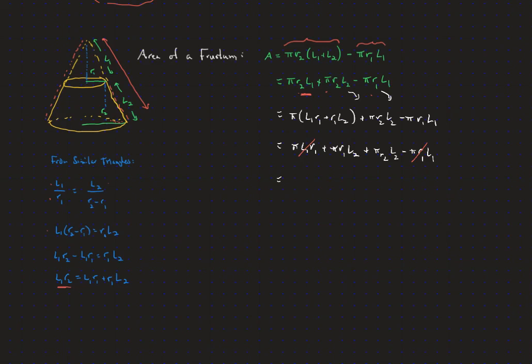What's left has a common factor of pi that I'll take out on one side, and the L2 on the other side, leaving R1 plus R2, and that's exactly the area of the frustum that we were talking about. So that's kind of where it comes from.